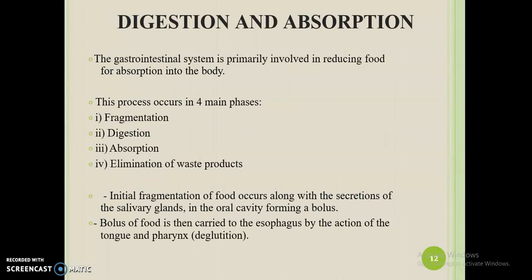Now, what is the difference between digestion and absorption? The gastrointestinal tract system is primarily involved in reducing food for absorption into the body. This process occurs in four main phases: fragmentation, digestion, absorption, and elimination of waste products.